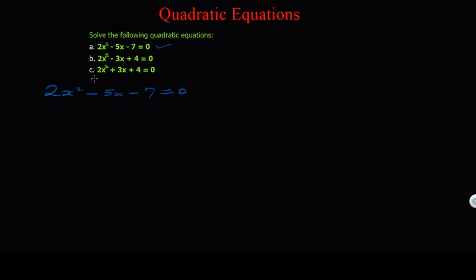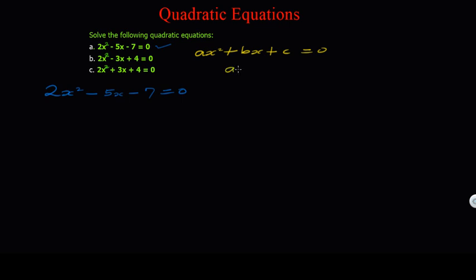At this point, for the general quadratic formula that says ax squared plus bx plus c is equal to 0, where a, b and c are constants, when we are factorizing, what we need to do is to multiply a and c.